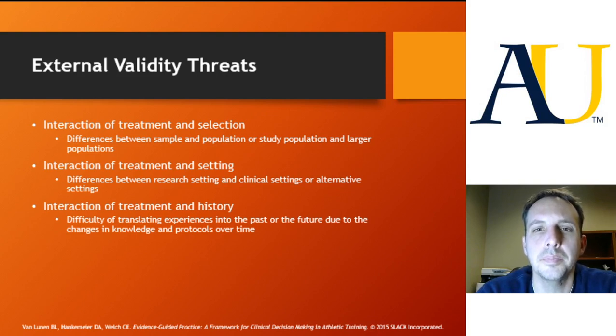You can also have in research rather specific setting characteristics that may become problematic to replicate in more clinical environments. If you have a very strenuous control trying to maximize the internal validity within the study, that's going to naturally decrease the external validity, because the more we try to control individuals for the research to maximize our internal validity, the more we get away from the natural progression that occurs within normal patient population and patient care.